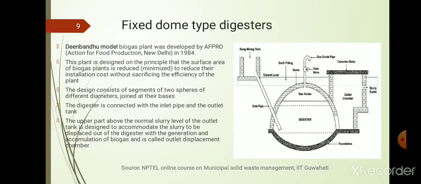Instead of an inlet chamber, we have only an inlet pipe, and initially the slurry is stored at the bottom of the digester, but once the level increases, it moves to the outlet chamber, and after reaching a particular level it can be taken out. So that is the fixed dome Deenbandhu model design.